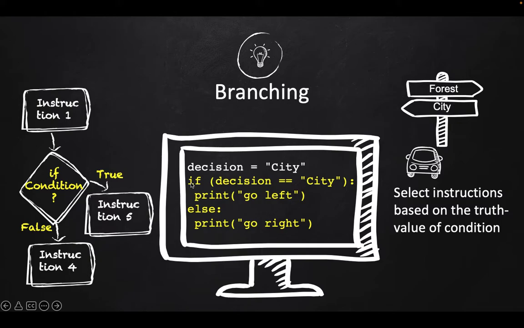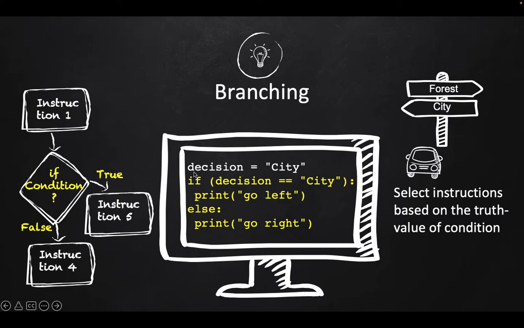Now, in Python, you have to use the if and else keywords to tell the Python interpreter that there is a possibility of branching. The code in the middle of this slide exactly represents the situation that I have just explained.